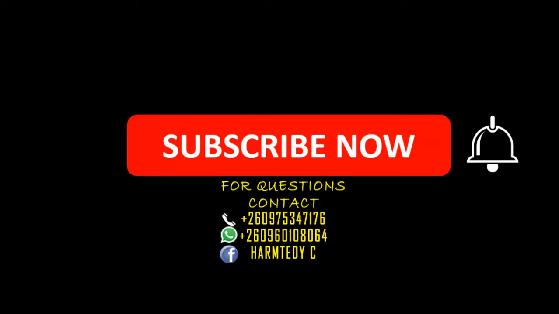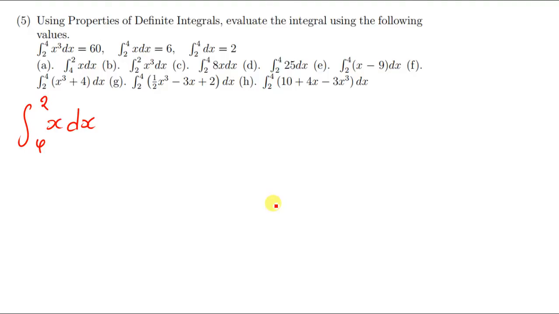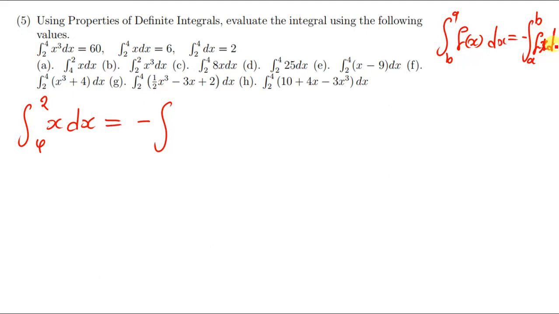Okay, so this is what we have. So now this one, according to the rules, we know that this one is just going to be equal to negative the integral, because if you have the integral of f of x with respect to x on the limits a and b, this is the same as negative the integral of the same limits, but we just interchange them, of f of x with respect to x.